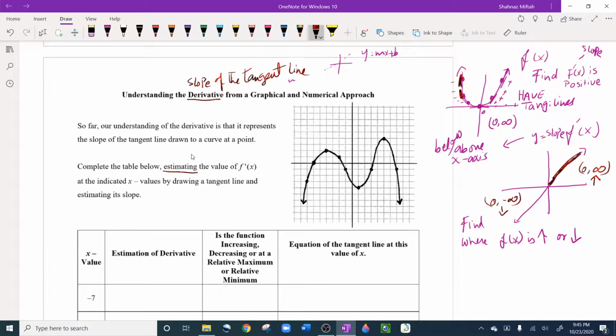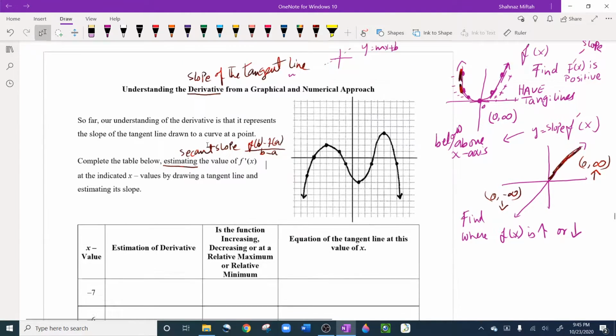If you see the word estimating for f prime x, then it means you are looking for a secant slope. What is secant slope? Secant slope means f of b minus f of a over b minus a. And technically, f of b minus f of a is a fancy version of y2 minus y1 over x2 minus x1. At the indicated x values, by drawing a tangent line and estimating its slope.